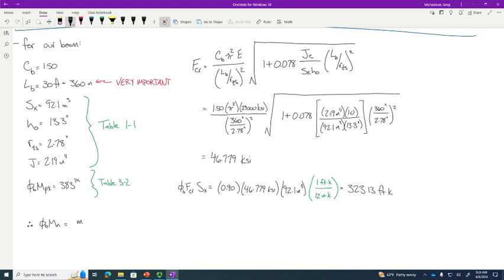So therefore, phi Mn is the minimum of that and that. So our flexural capacity is what we just computed.